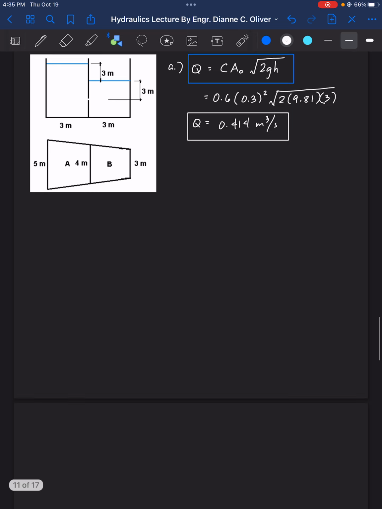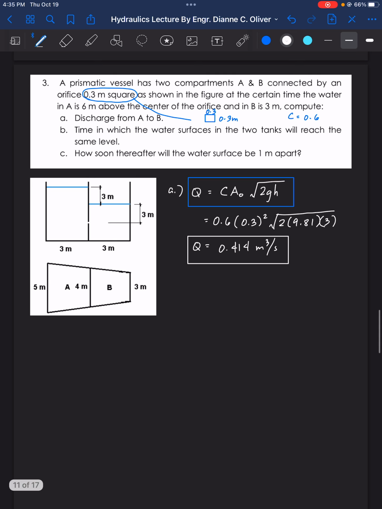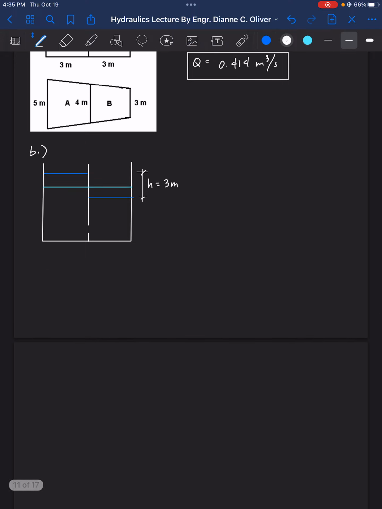And then for letter B, time in which the water surfaces in the two tanks will reach the same level. So this is the condition. Initially, this is our water surfaces. And then as time passes by, it will have the same elevation. So it's asking the time in which the water surfaces in the two tanks will reach the same level.